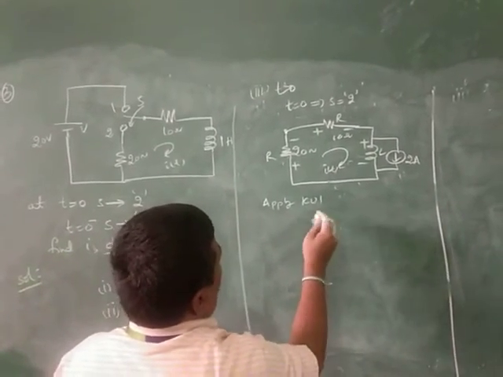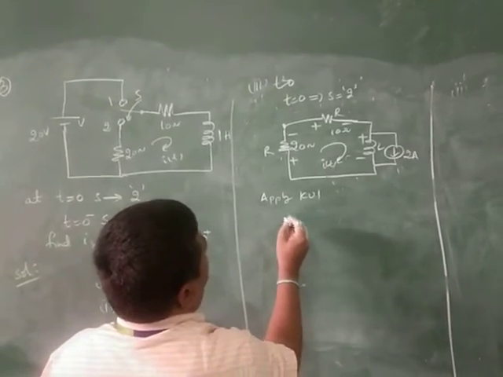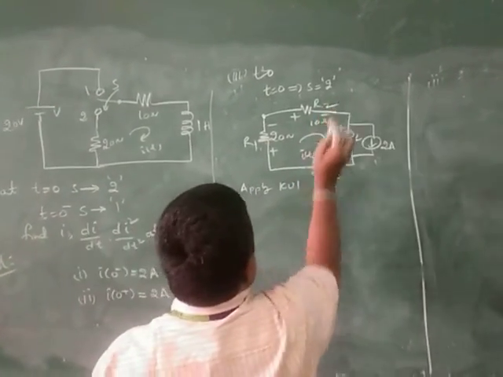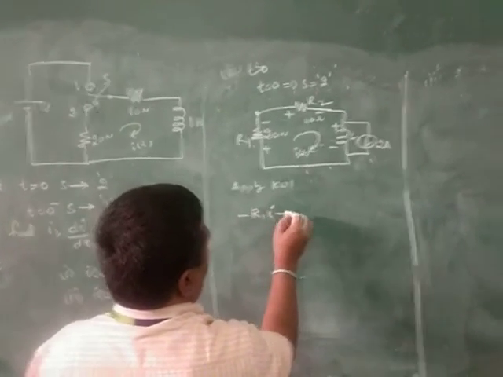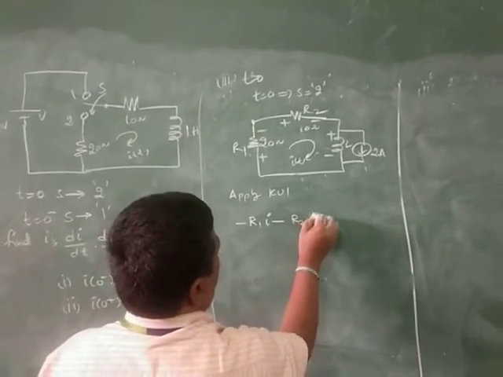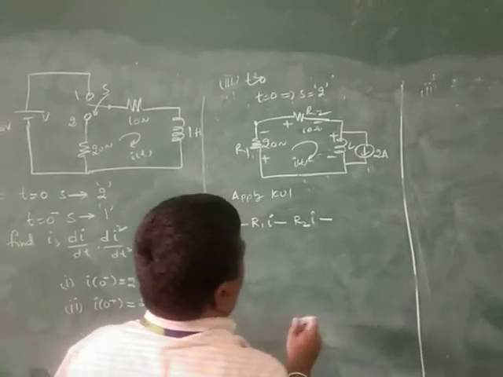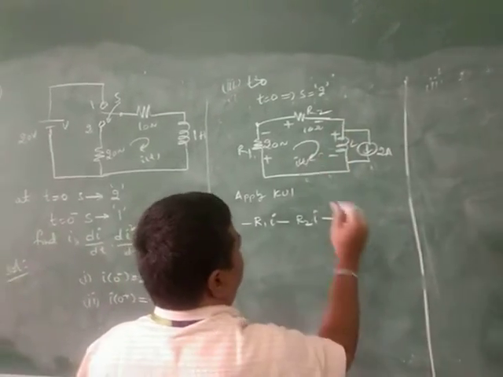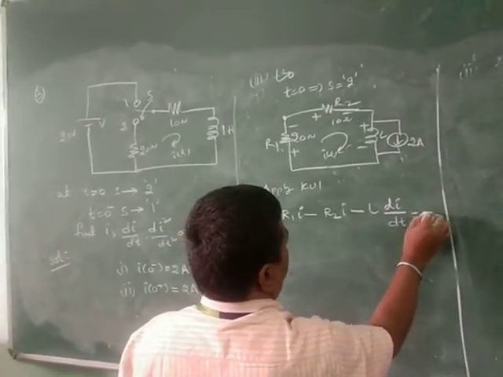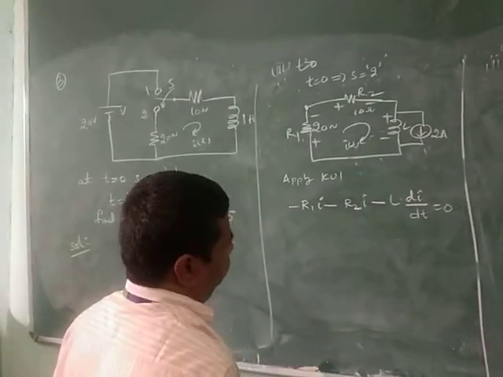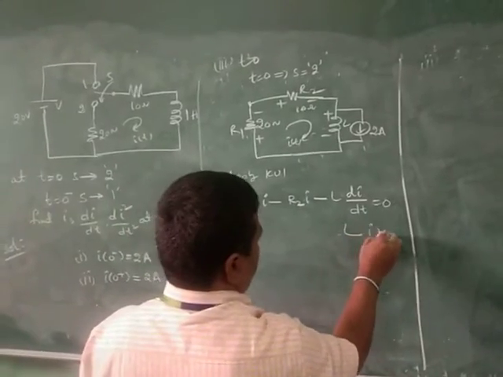Now the current is I, through R1 and R2. So R1 I minus R2 I minus the voltage across the inductor, L di by dt, is equal to 0. This is equation 1.